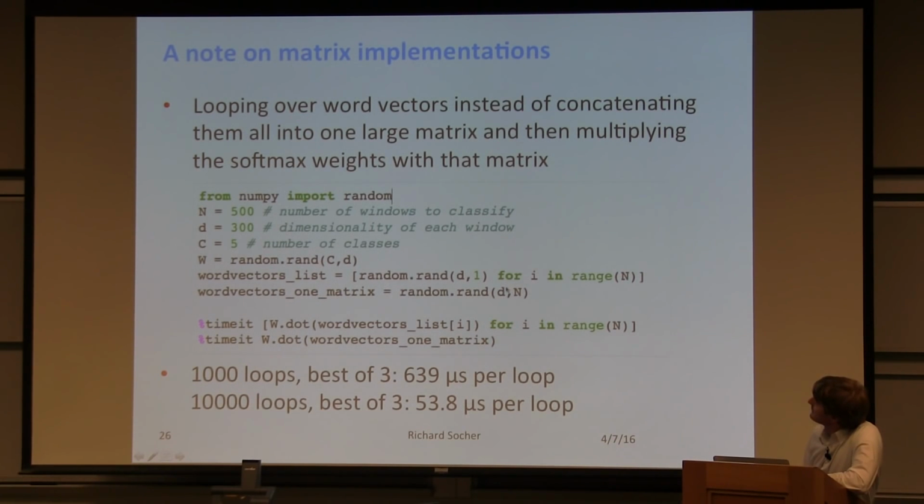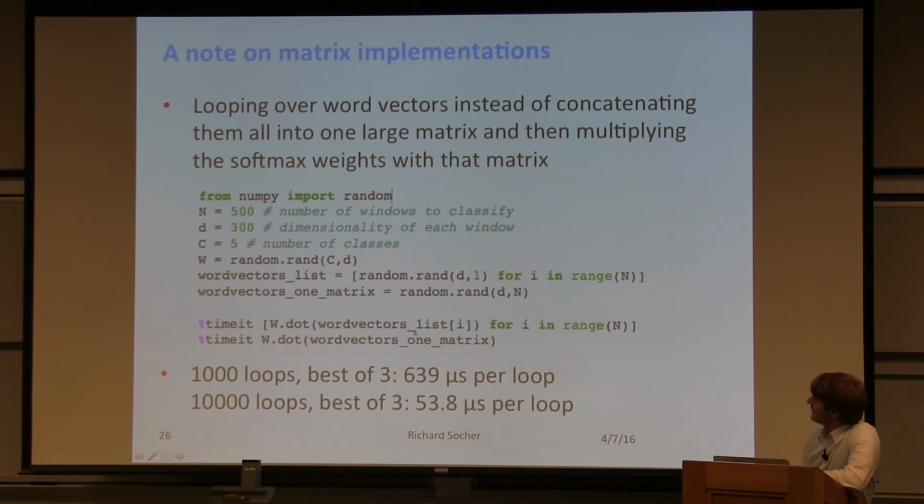So let's say we had n many different windows, and each of the windows was d-dimensional. Now, if we did a for loop over all the windows that we have, versus one very large matrix multiplication where we multiply all the windows in one go, the difference is huge.